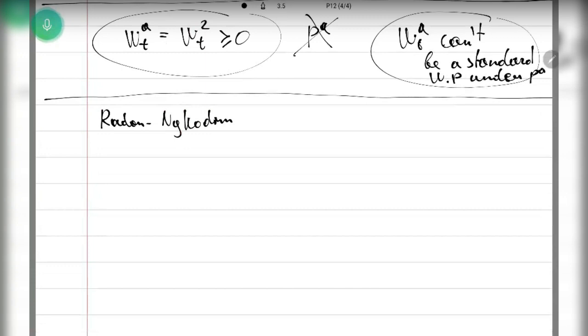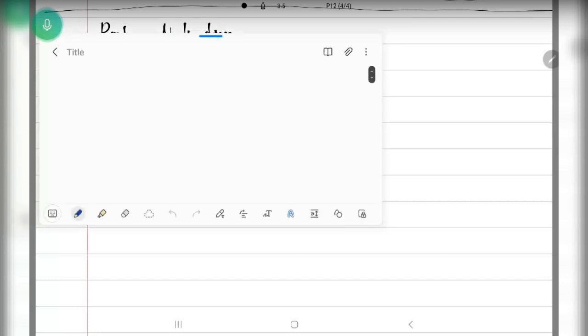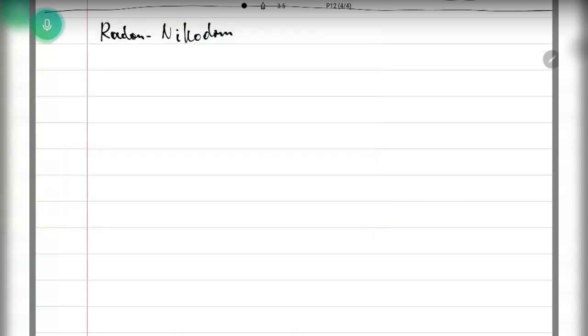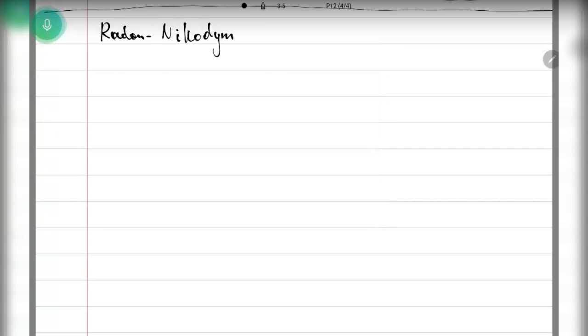Just a moment. Okay, no, I'm wrong, I had an i here and a y there. Radon-Nikodym. Thank you very much. So that describes the process of how to get from P to P star.